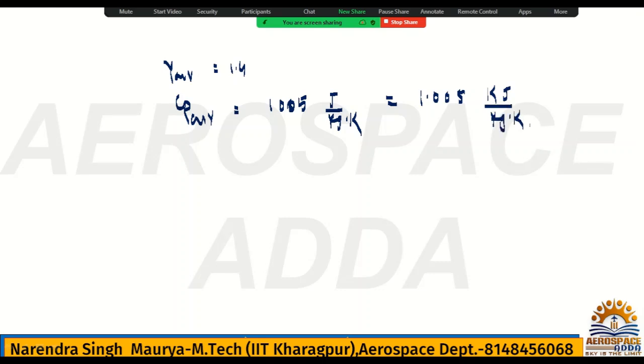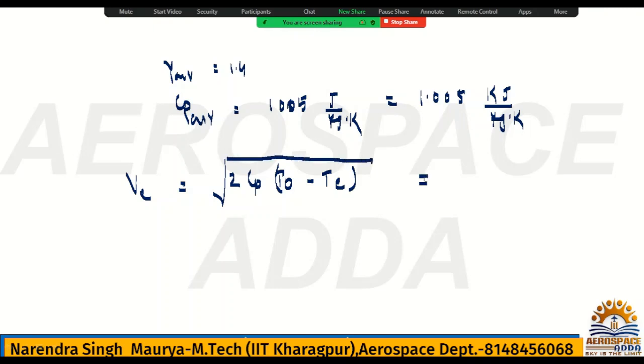This is the data. You can calculate the exit velocity: VE equals square root of 2 Cp times (T naught minus TE). If you do this, you will get VE 583, or I can say 584 meter per second. This is the exit velocity.